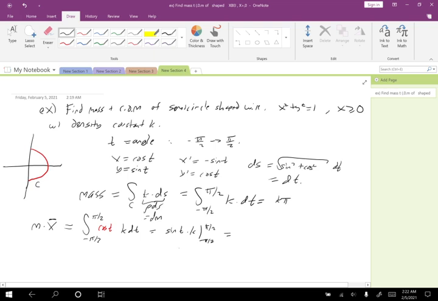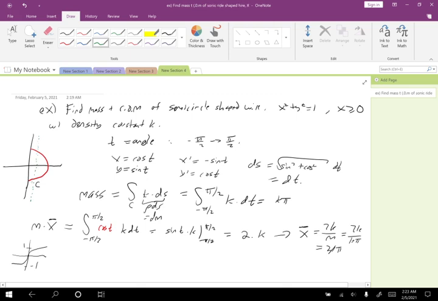So it looks like this will be 2 times k, because sine of pi over 2 should be 1. Now, that of course means that our x bar will be 2k over m. So it'll be 2k over k pi, so it looks like 2 divided by pi. So when we indicate where the x part is, it'll be closer to the origin.